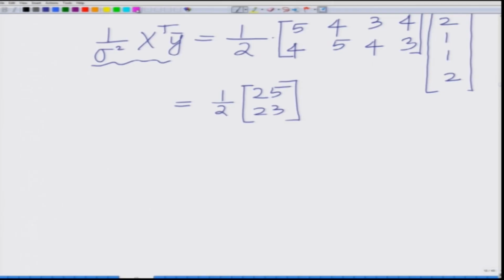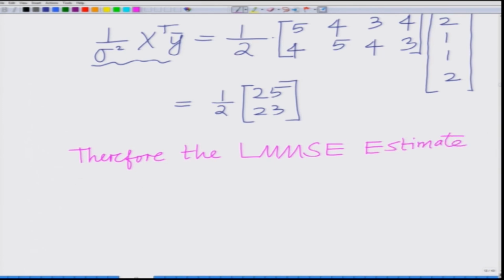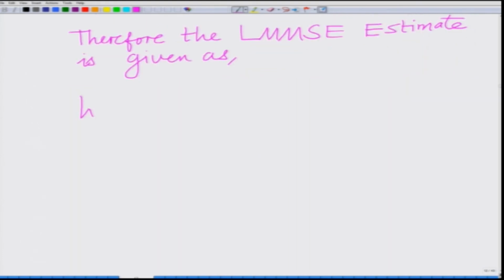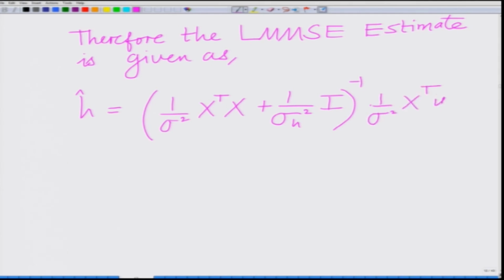Therefore, the LMMSE estimate is given as h hat equals 1 over sigma square x transpose x plus 1 over sigma h square identity, inverse, into 1 over sigma square x transpose y bar.